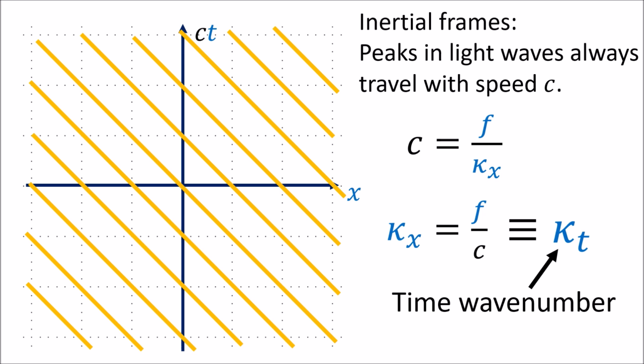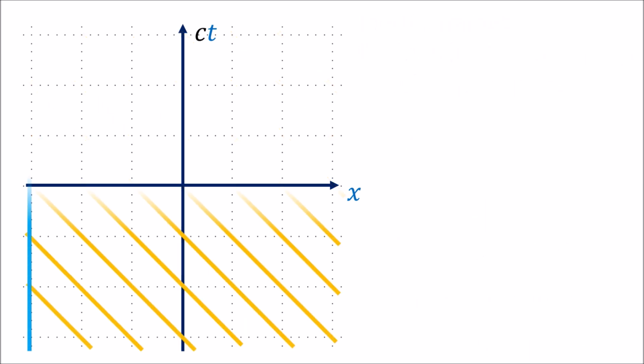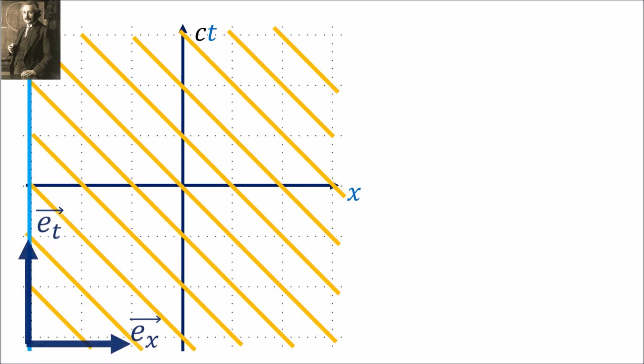While frequency f is measured in hertz, or reciprocal seconds, the time wave number kappa t is measured in reciprocal meters, just like the wave number in the x direction, kappa x. This basically puts frequency in time and wave number in space on equal footing, because they are both measured in reciprocal meters.